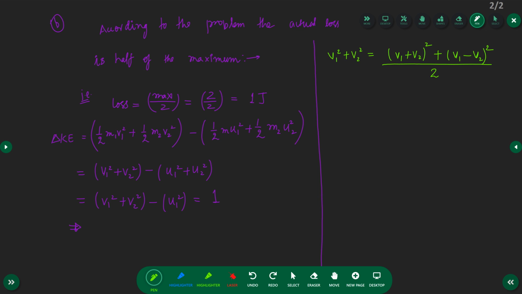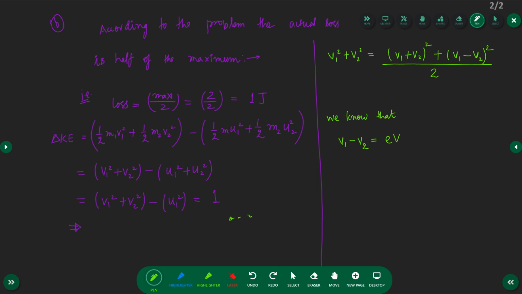Okay. So what I'm trying to do is, you know the formula, according to the formula, we know that V1 minus V2 is defined as E into V, where E is coefficient of restitution. I mean, how are we getting it? Just a sec.